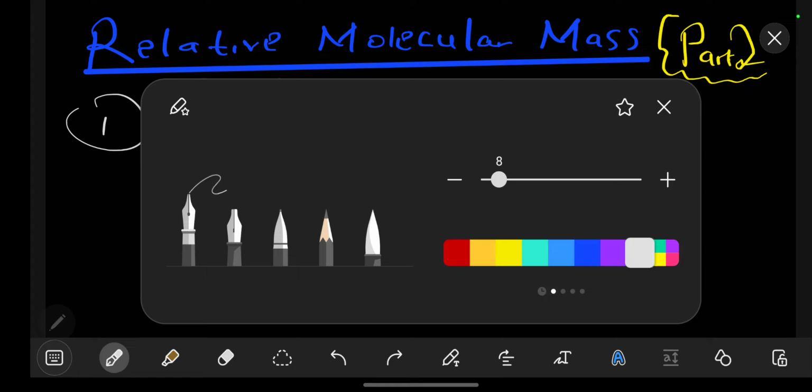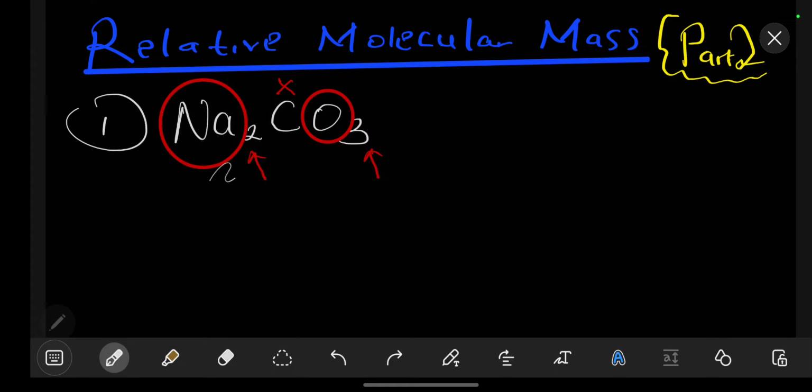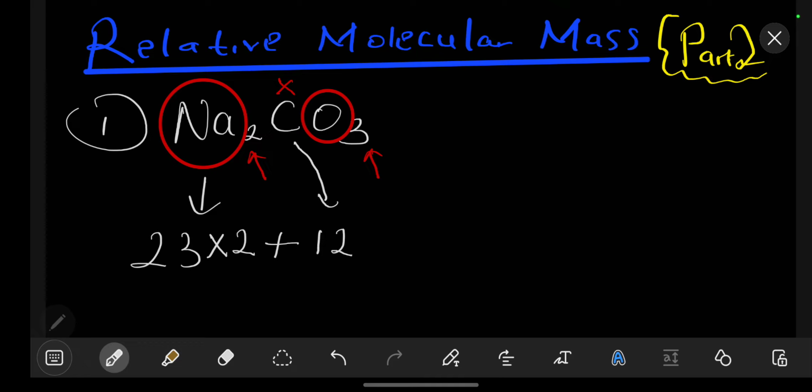Now let's bring out our stuff. Sodium is 23 times the 2 we talked about here. Then plus, because we're adding them together, the mass number for carbon is of course 12, and the mass number for oxygen is of course 16.